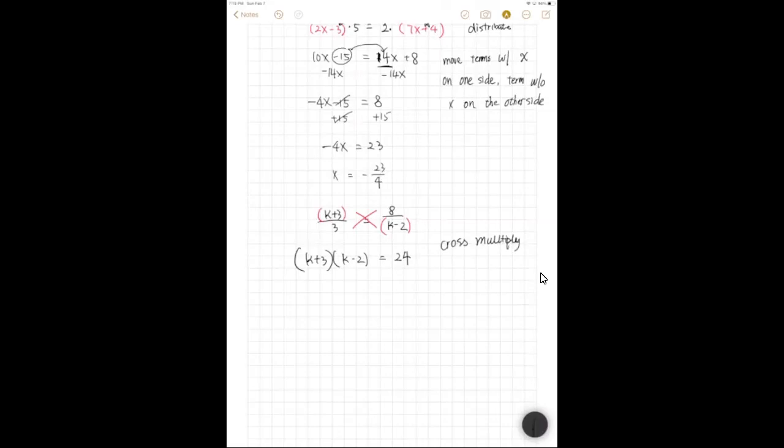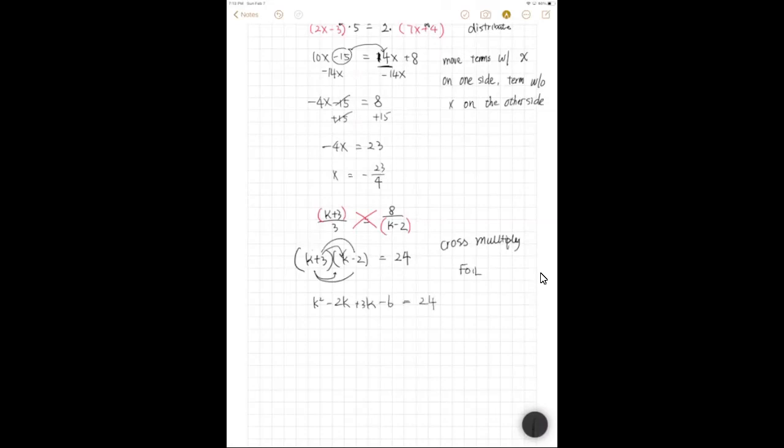And then we FOIL, right? We have k squared minus 2k, and then plus 3k minus 6 equals 24.